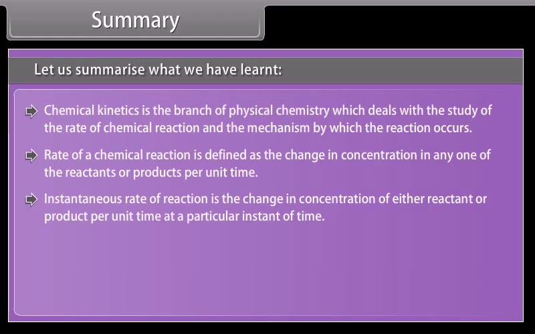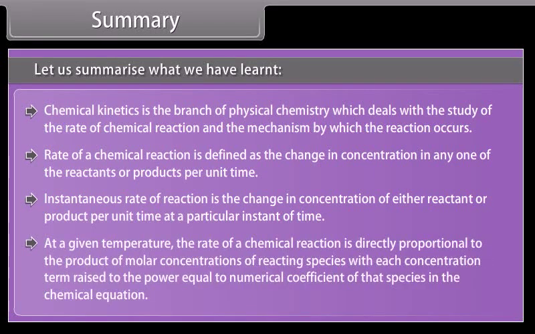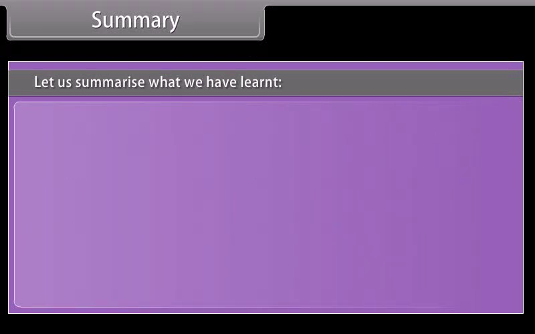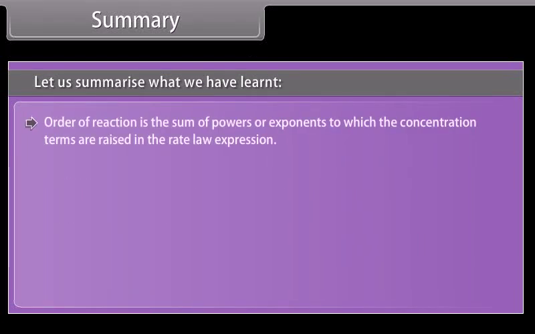At a given temperature, the rate of a chemical reaction is directly proportional to the product of molar concentrations of reacting species, with each concentration term raised to the power equal to the numerical coefficient of that species in the chemical equation. Order of reaction is the sum of powers or exponents to which the concentration terms are raised in the rate law expression.